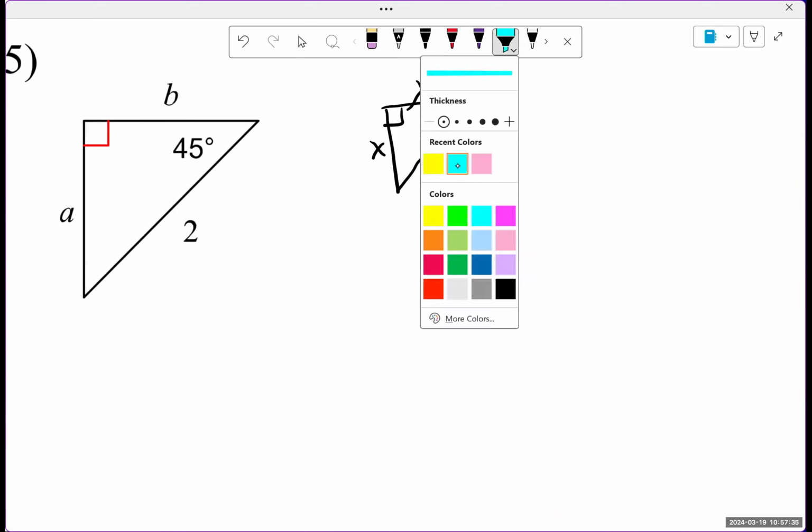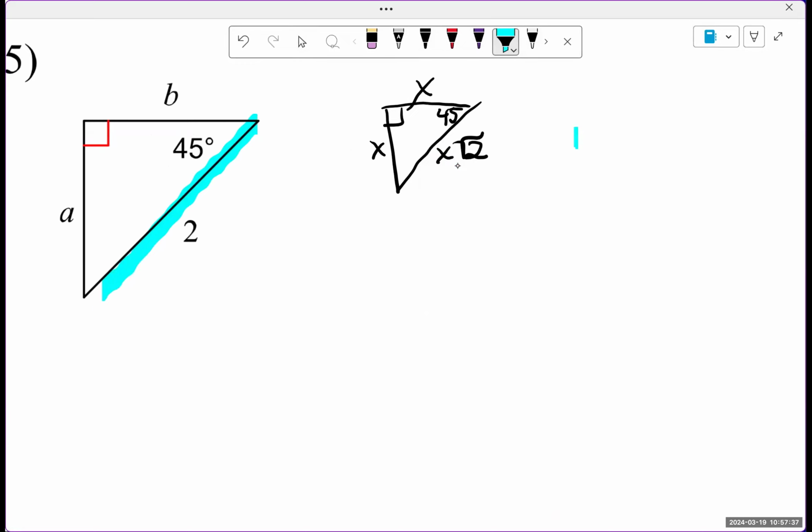Okay, we need to find A and B. Let's match this one up with our parent triangle. So 2 is going to match up with, yeah, see, hypotenuse, hypotenuse, corresponding sides. So X rad 2 is equal to 2.